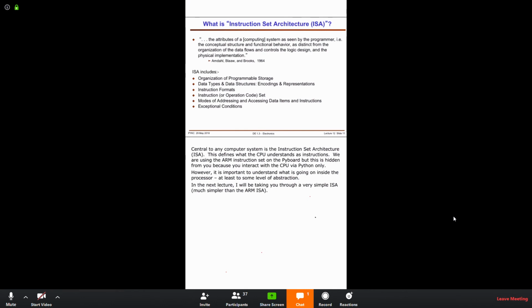That is the conceptual structure and functional behavior, and it is distinct from one organization to another. Organization may vary, but the conceptual and behavioral structure of the instructions, which holds these four parameters, is called the instruction set architecture. This is called ISA, right?